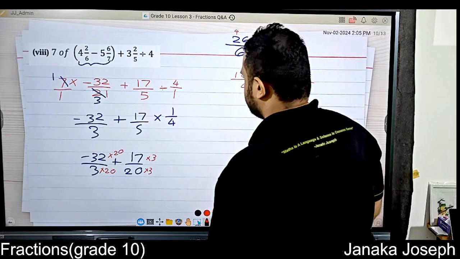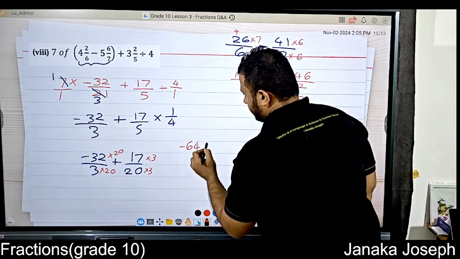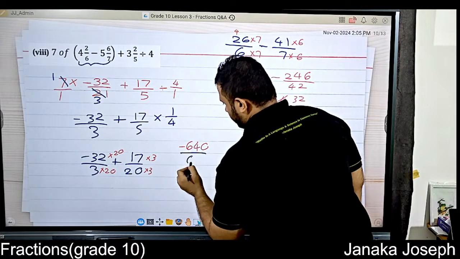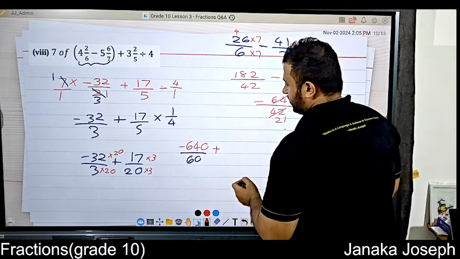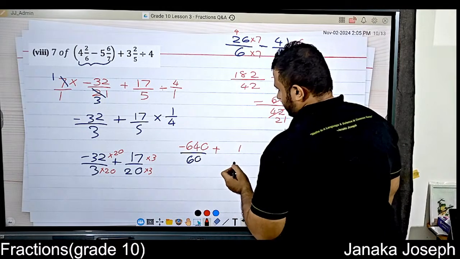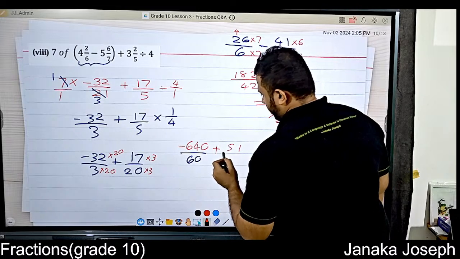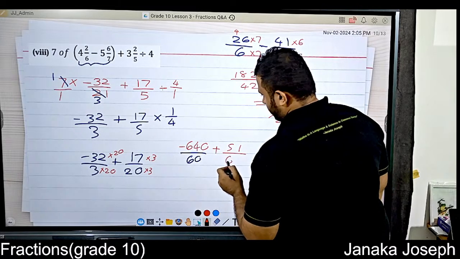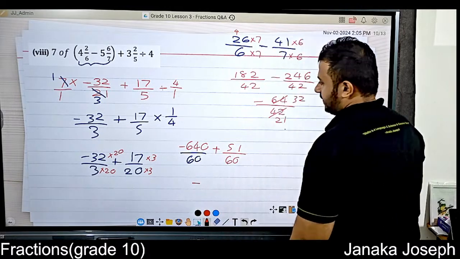And that will give us a negative 640 over 60 here, plus with 15 over 60, which will give you a negative.